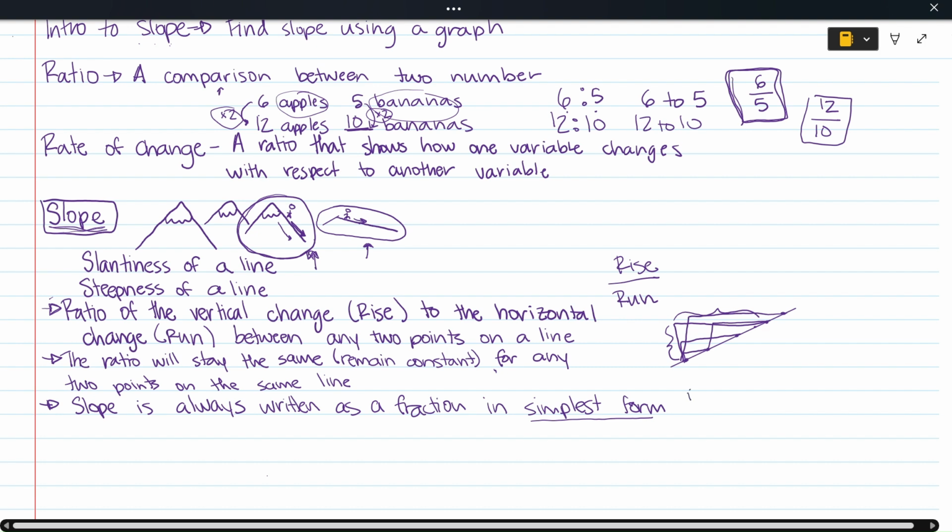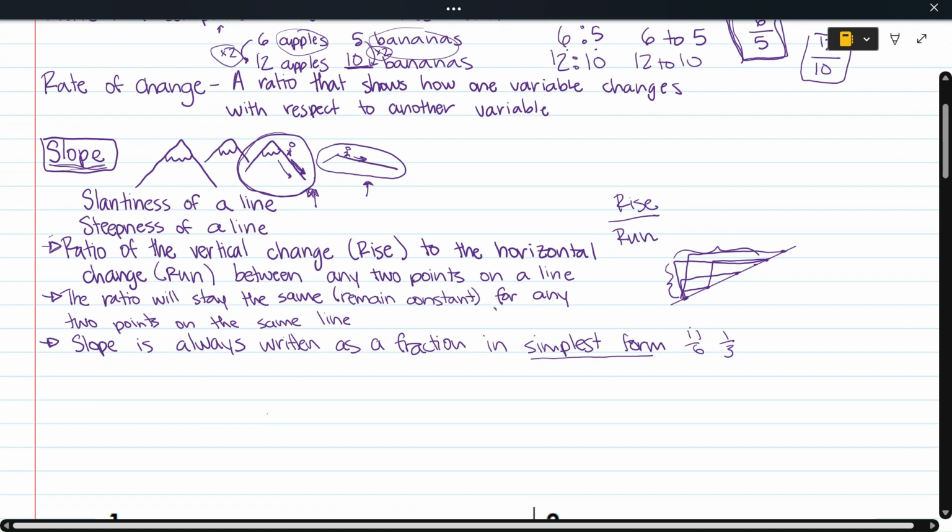It can stay as an improper fraction, or it can stay as a reduced fraction. We'll get more into that a little bit later as well. The thing that we don't want is 2/4. We want to take our 2/4 and reduce that down to the simplest form that we can, which would be 1/2.